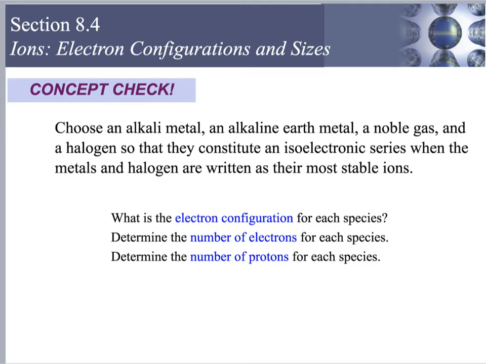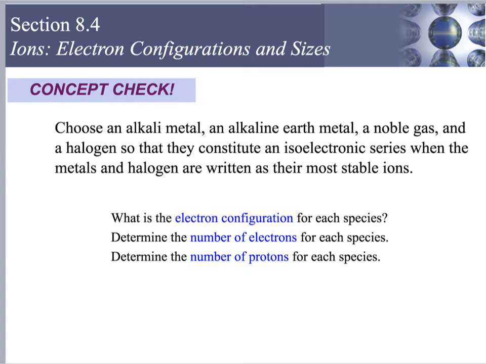In this case, we are looking for an alkali metal, an alkaline earth metal, a noble gas, and a halogen that will form an isoelectronic series. Just to pick something different than we looked at before, we could look at argon.